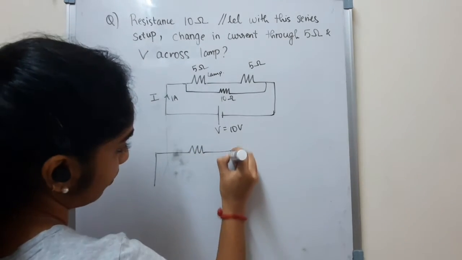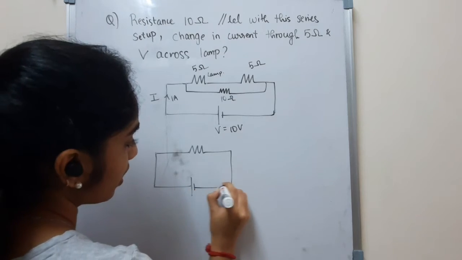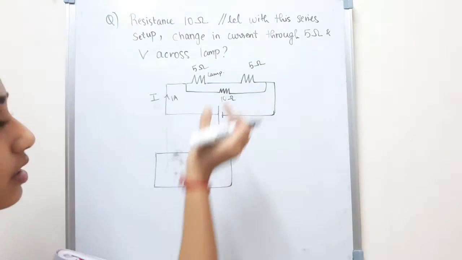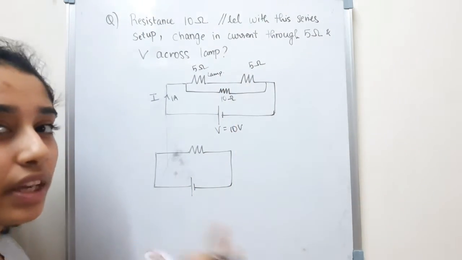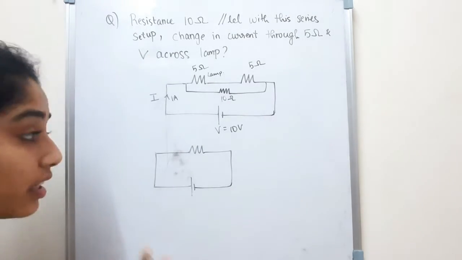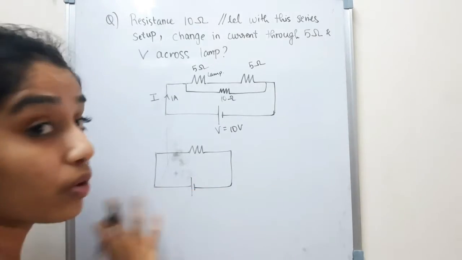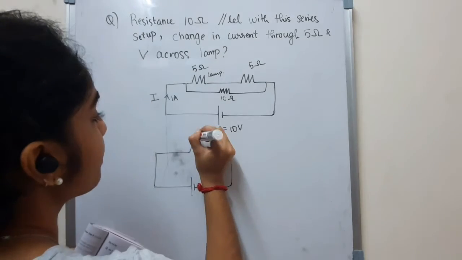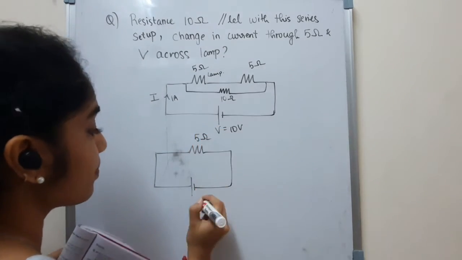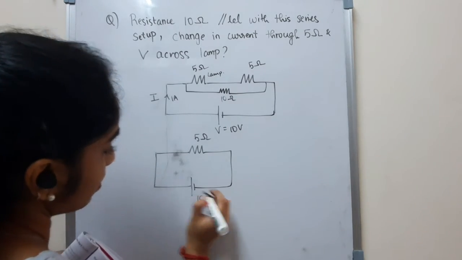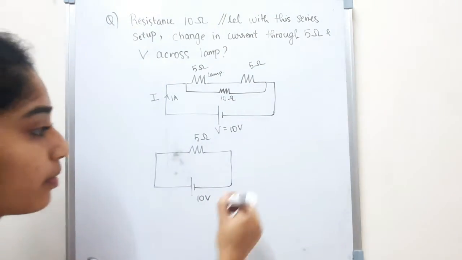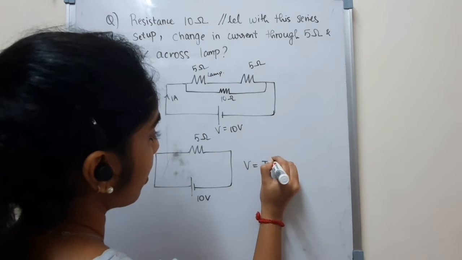In these type of questions, if you need to find a specific current through a specific element, just find the current in the overall circuit after simplifying the resistances, right? The total current. So this is 5 ohms and this is 10 volts, right? So this is what we have. And V is equal to IR.